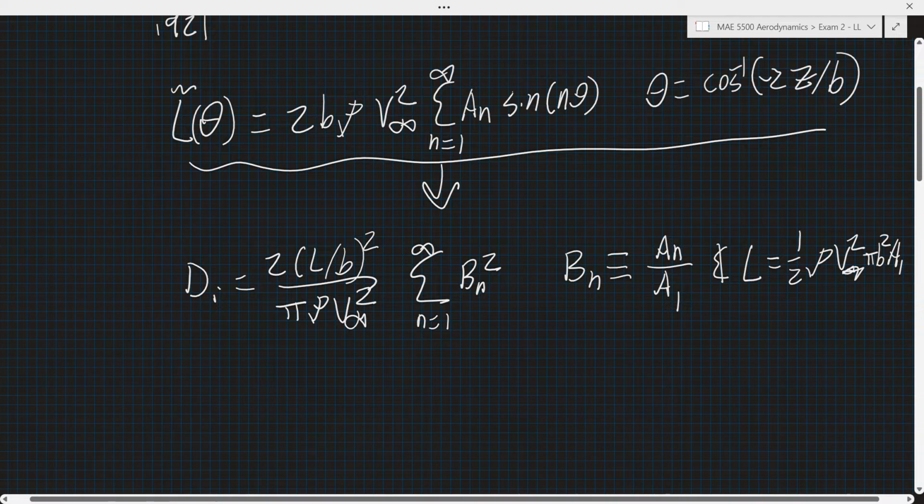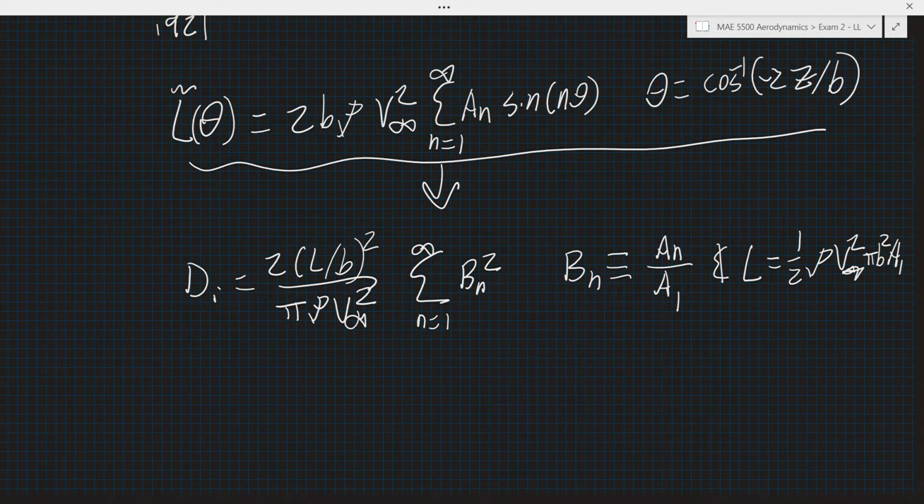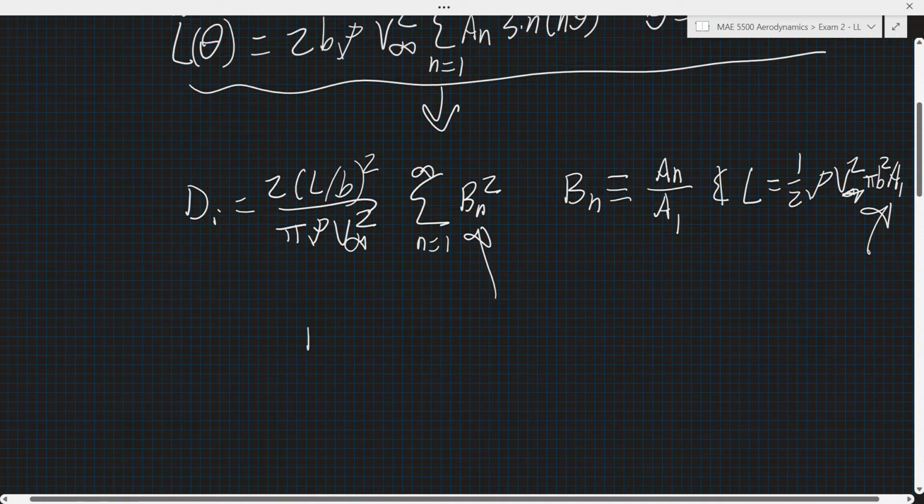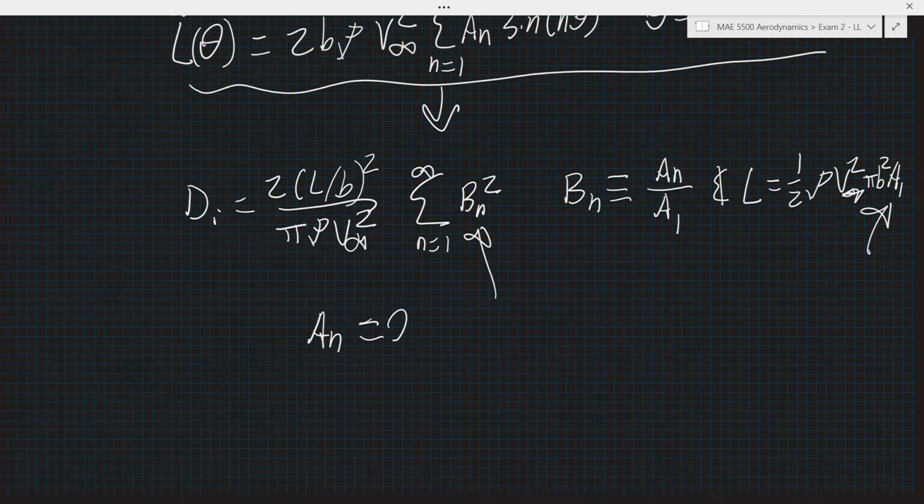Okay, and so if we take a look at this, the best way to minimize induced drag is to make as many b sub n's go to 0 as possible. Well, we can't make a sub 1 over a sub 1 go to 0, otherwise we get rid of our lift. And so to create this elliptic lift distribution, we're going to say that a sub n is equal to 0 for n greater than 1.